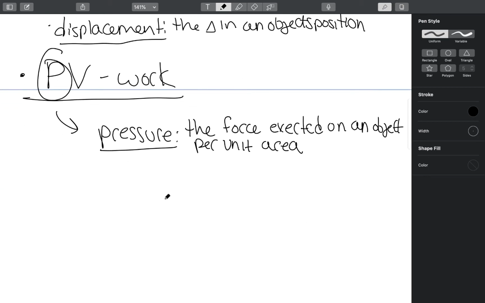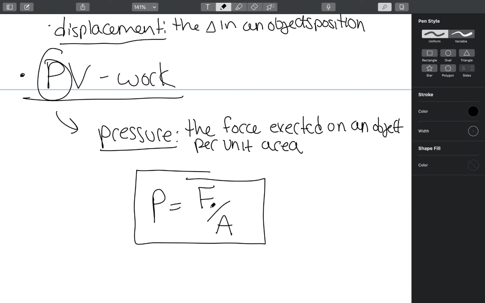Therefore, the equation for pressure is P equals F over A, where F is the force applied and A is the area. So the units for pressure are newtons per meter squared.